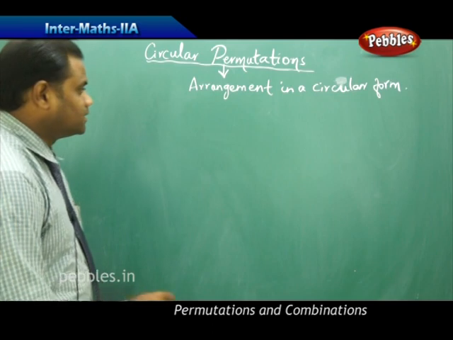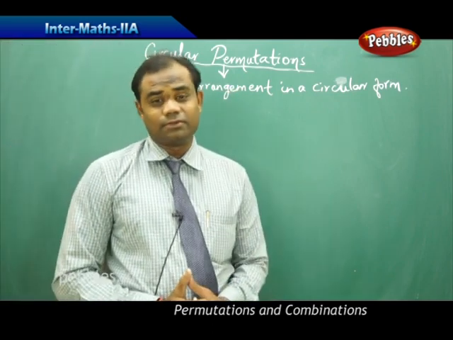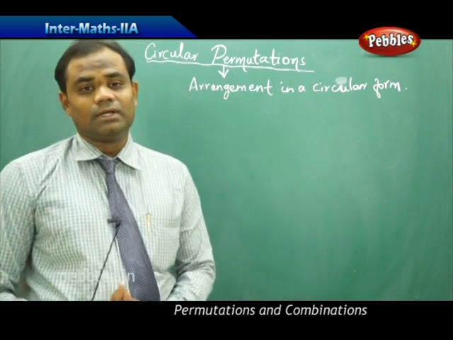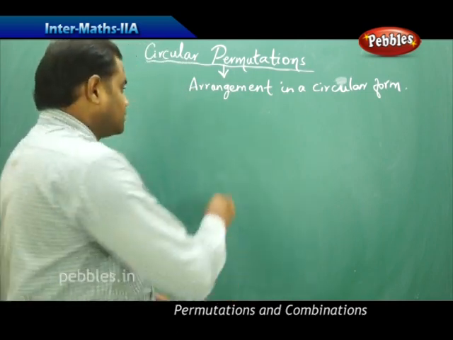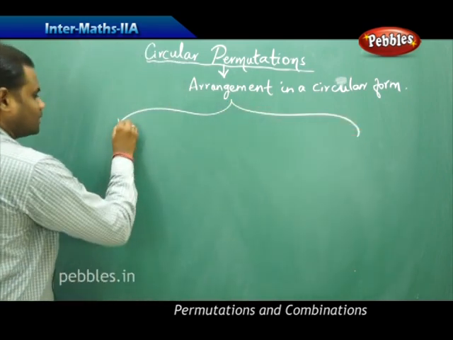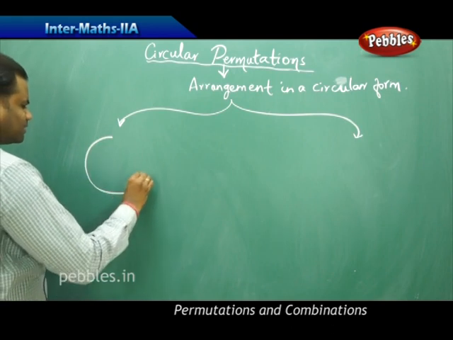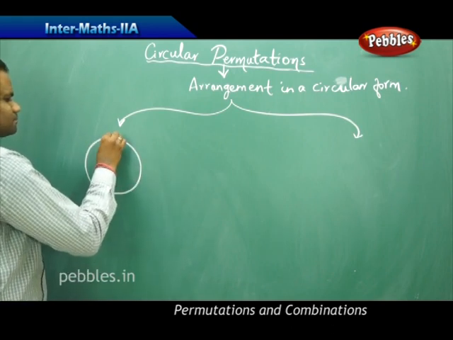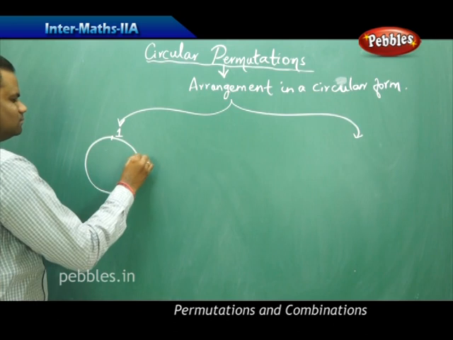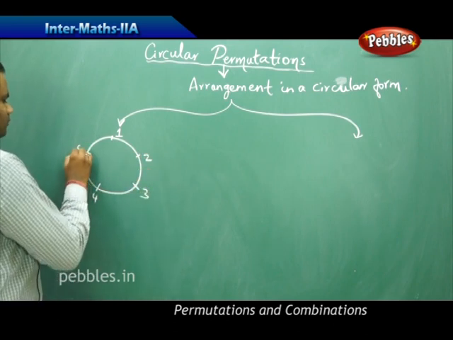But we have to identify that there are two types of permutations which we need to take into consideration, because if we take this in the form of a circle, then I identify my circular arrangement of, say, 1, 2, 3, 4 and 5.